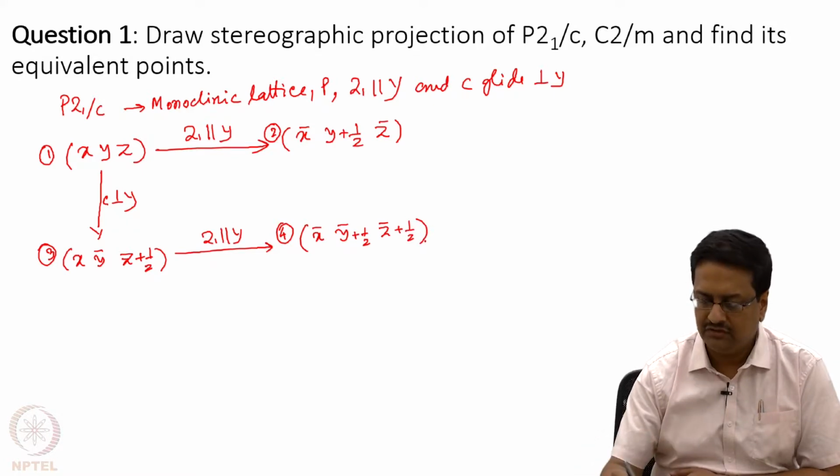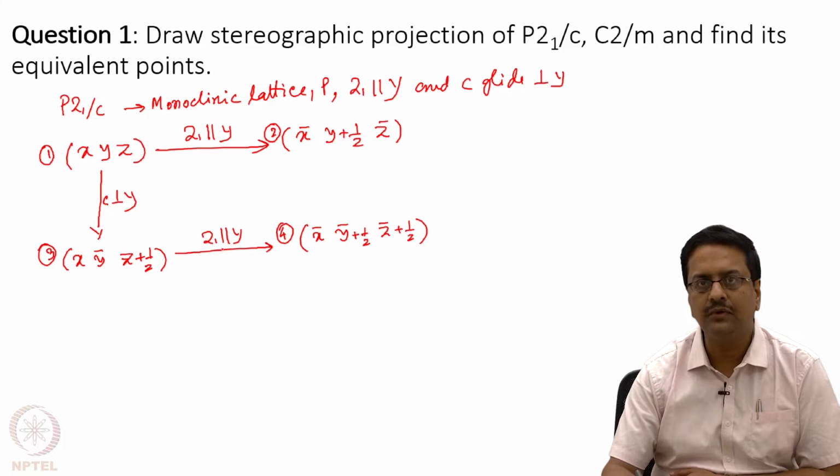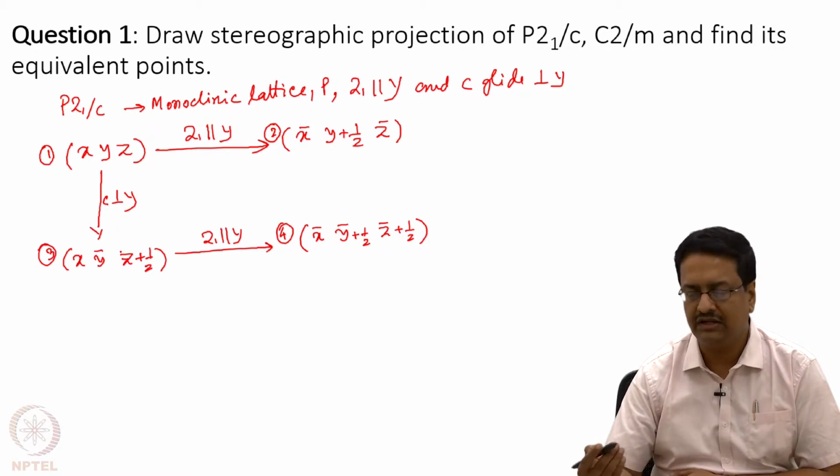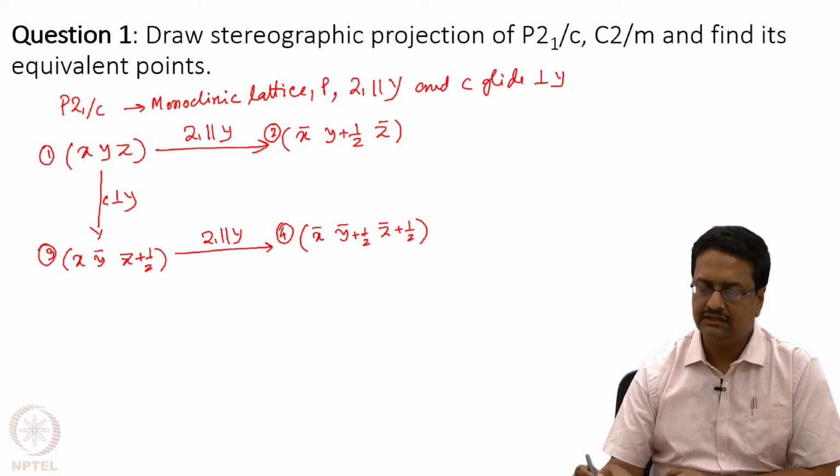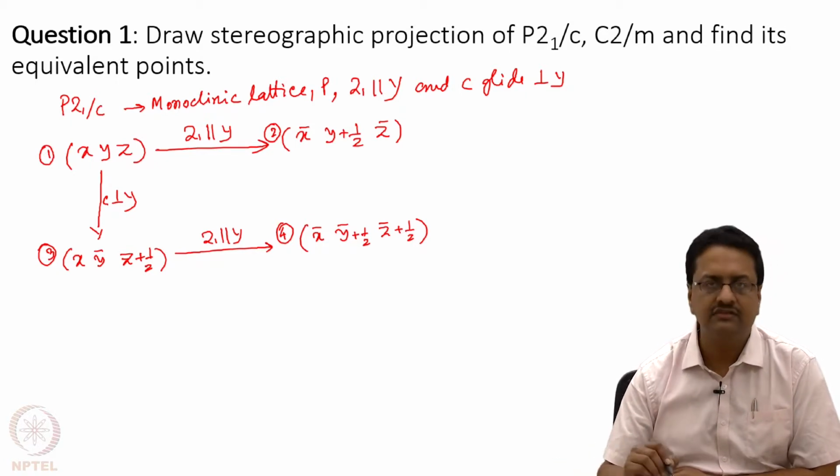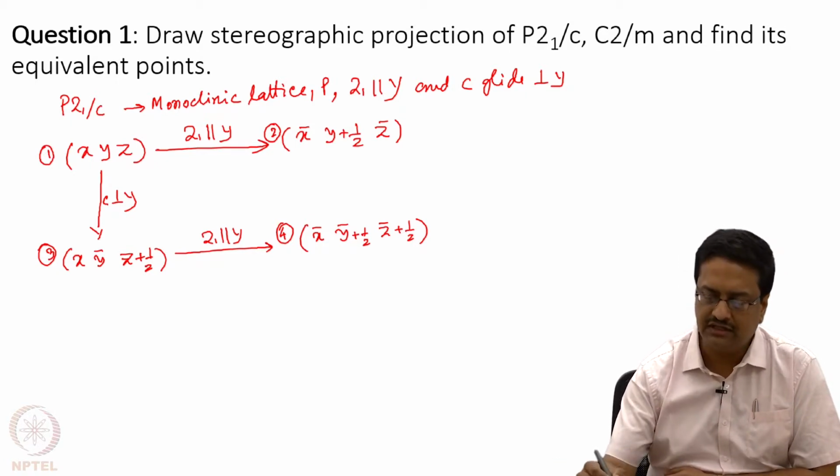Remember that when we are doing 2_1 parallel to y, x is becoming minus, y we are adding half because the translation is along y, and z bar, here it should have been minus z minus half. We convert that minus half to plus half by adding 1 unit along z. So that has already been incorporated here.